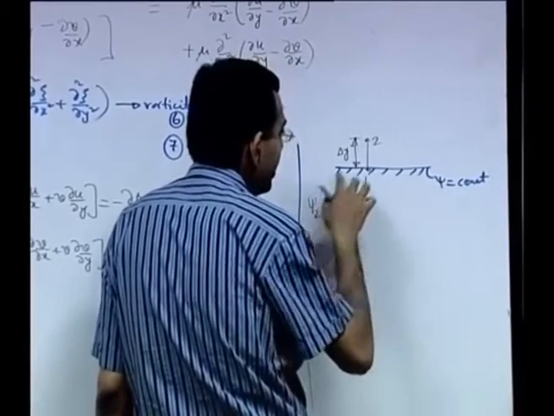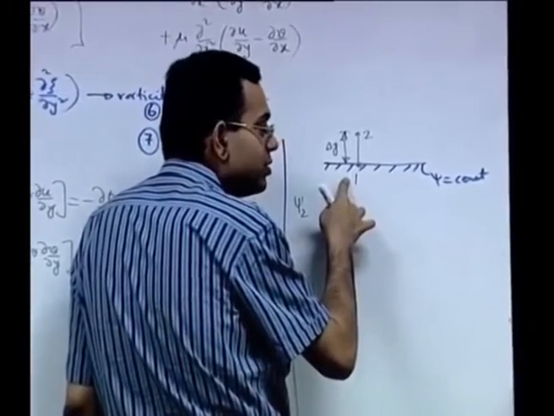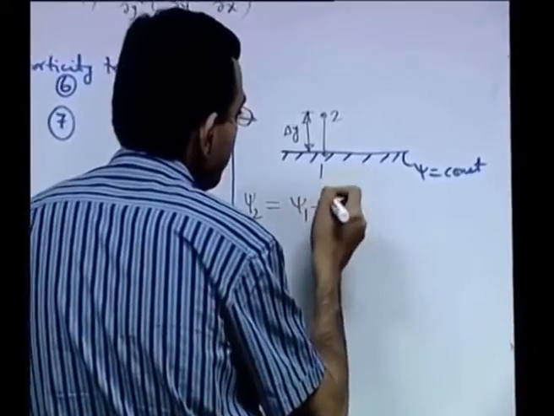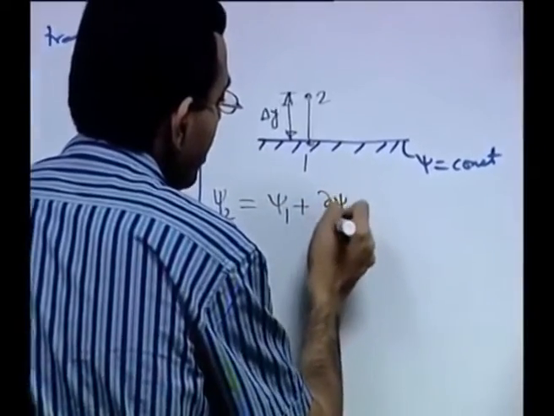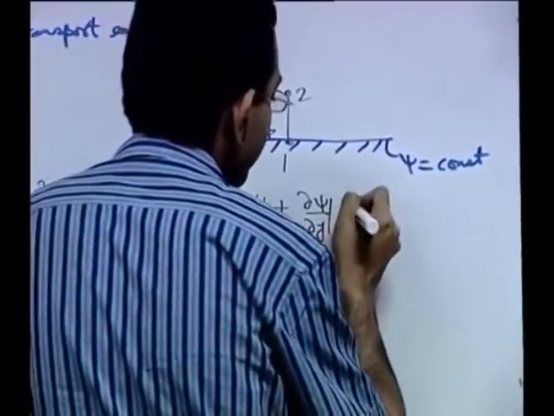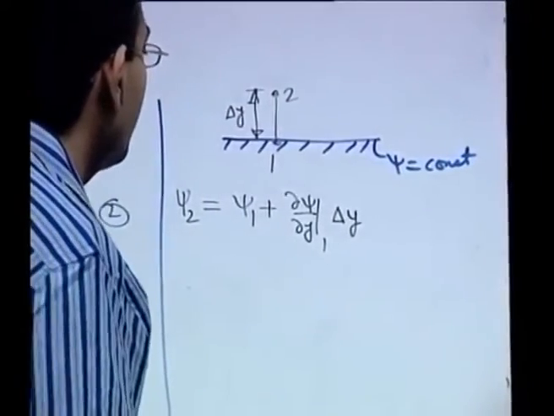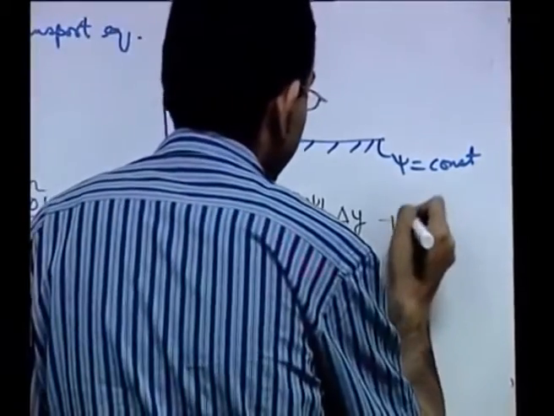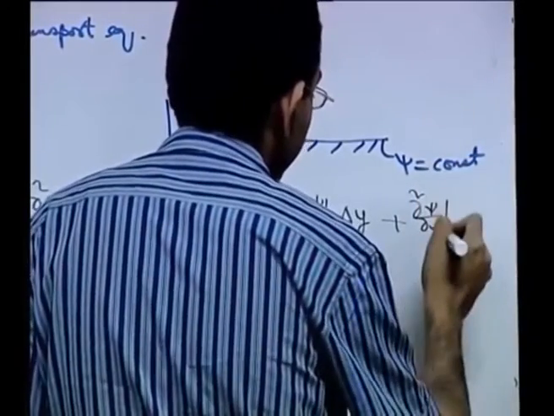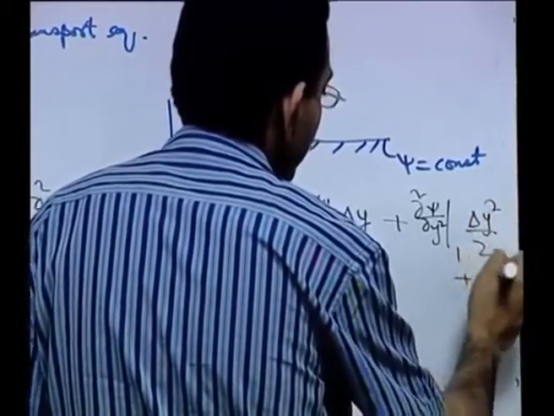Let us expand the stream function at 2 in terms of the stream function at 1 by using the Taylor series expansion. So psi 2 is equal to psi 1 plus del psi del y at 1 into delta y plus, and so on.